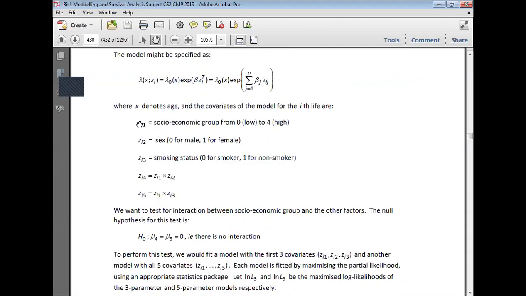We have 1, 2, 3, 4, and 5 covariates. My first covariate, Z1, represents the socio-economic group, where 0 represents lower and 4 represents higher. Z2 is just the sex, so 0 for male and 1 for female. Z3 represents smoking status. And Z4, if you see, is some multiplication of Z1 and Z2.